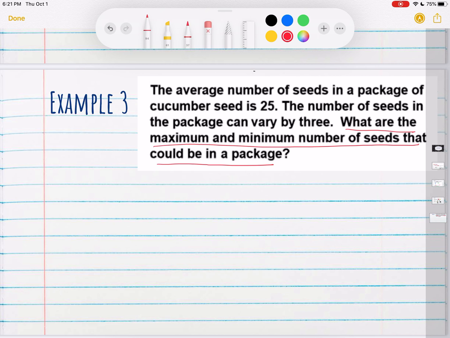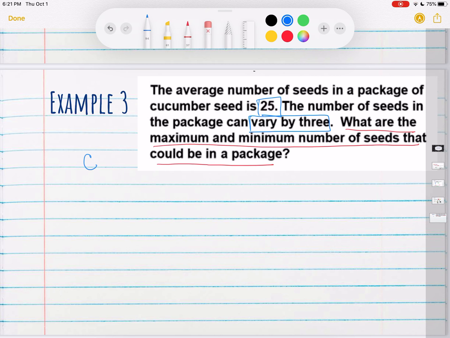What kind of key information do I have? Well, let's see, the average number of cucumber seed is 25, and it can vary by 3. So essentially, let's find a variable for what our cucumber seed can be. So we're going to say C is the number of cucumber seeds in a package.